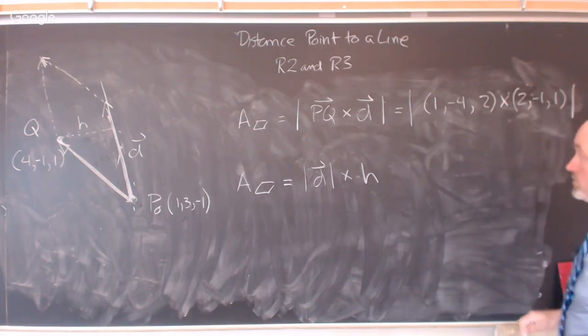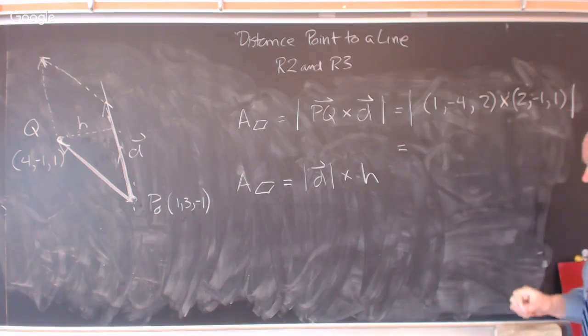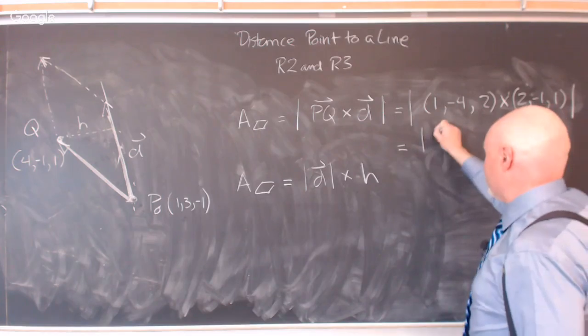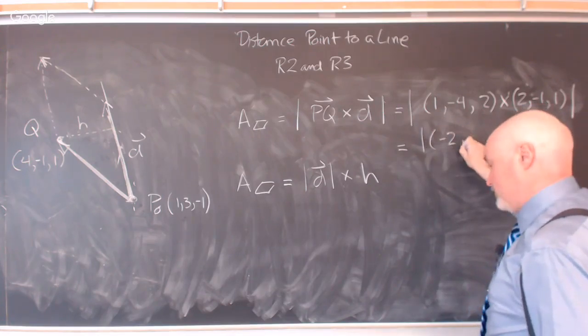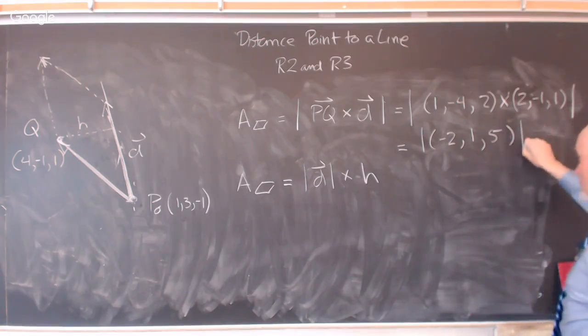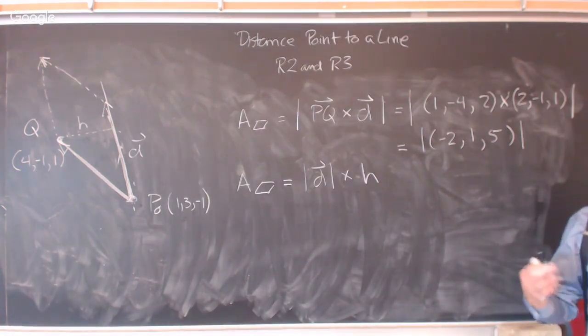Okay, so cross product. We don't actually have to do the sample calculation here. This comes out to -2, 1, and 5. You have to set it up, so it's a lot of work.